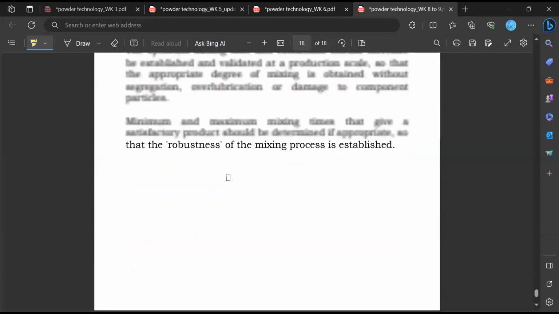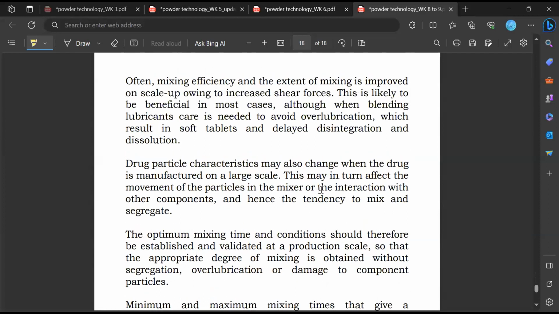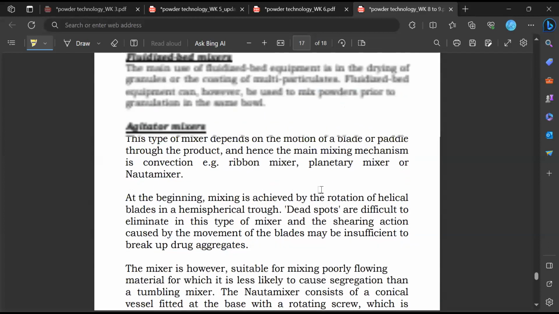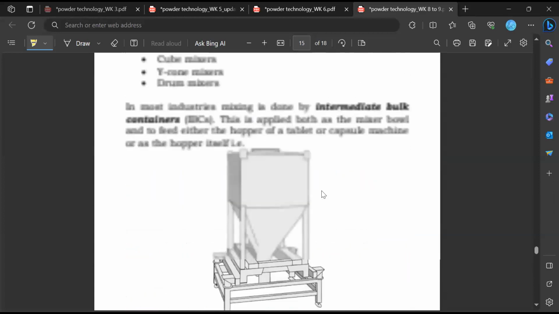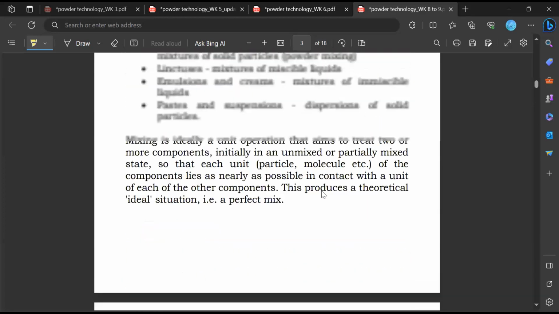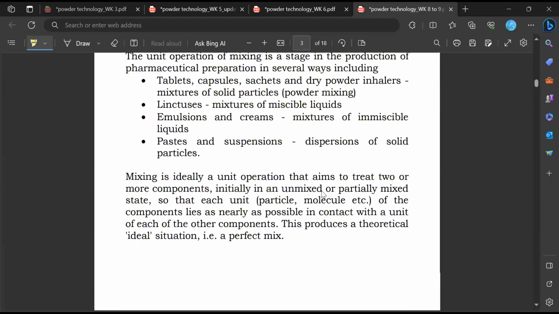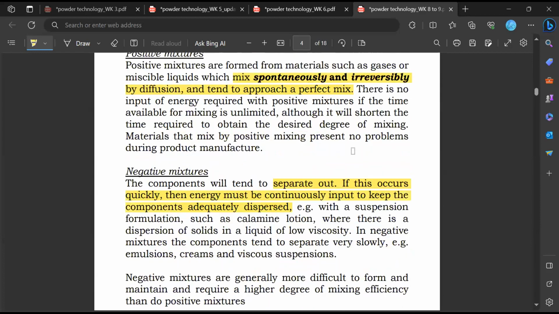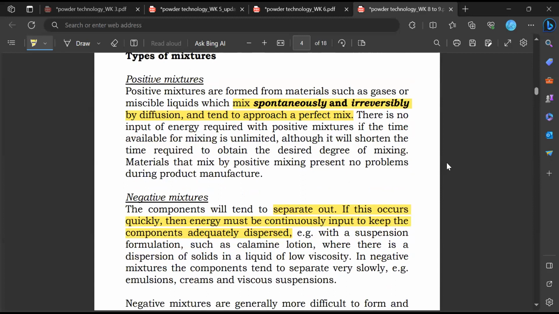I think that's all that we need to do. I've picked out the main points, so let's just go through this one more time. Okay, when we're talking about mixtures, you have three types. Positive mixtures mix spontaneously and irreversibly, approaching a perfect mix.